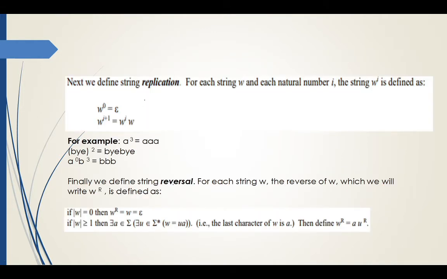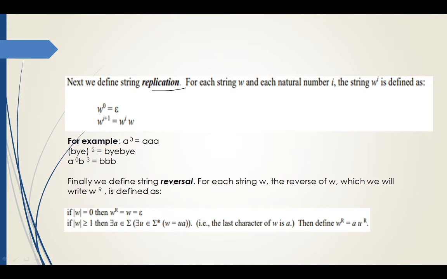The next function that you are going to study in this topic is the replication function. We define string replication for each string w and each natural number i. Replication means the number of times a particular string w occurs.